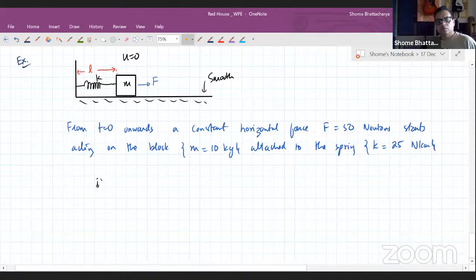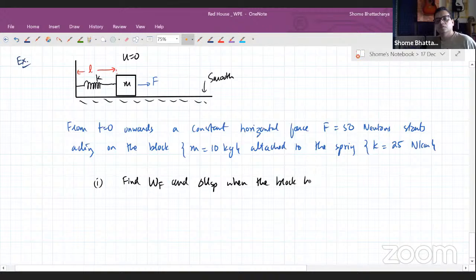So first of all, find the work done by F and the change in potential energy of the spring when the block has been displaced by x.